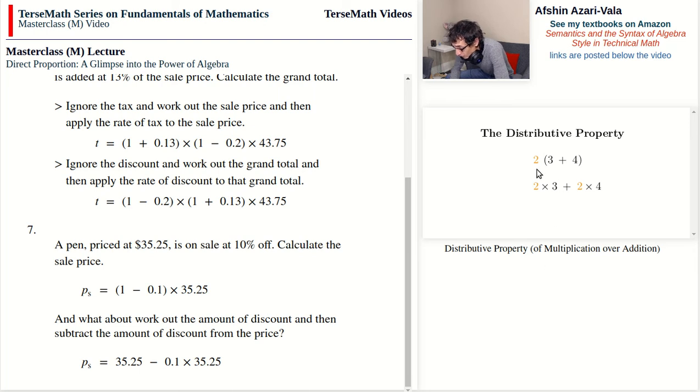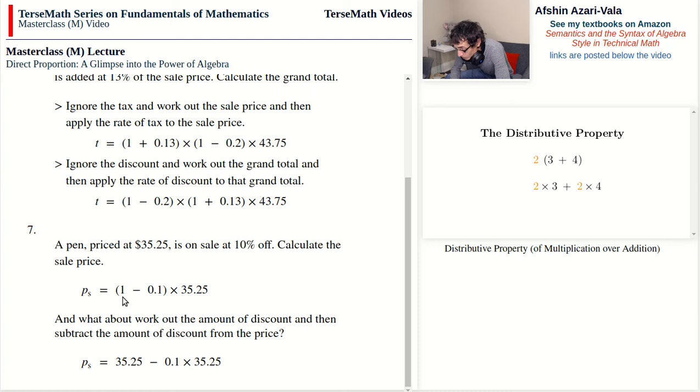The quick way we do it is by multiplying the number outside the bracket by every term inside the brackets. So 2 multiplies both 3 and 4. And that's what's happening here. We are multiplying 35.25 by 1, which gives us 35.25, and we are multiplying it by 0.1, which gives us 0.1 times 35.25.